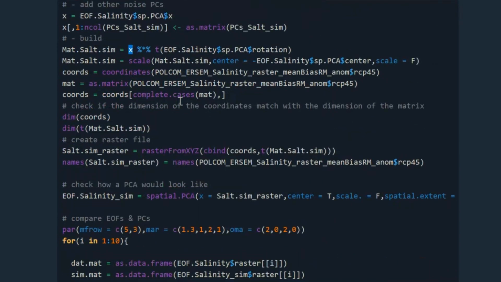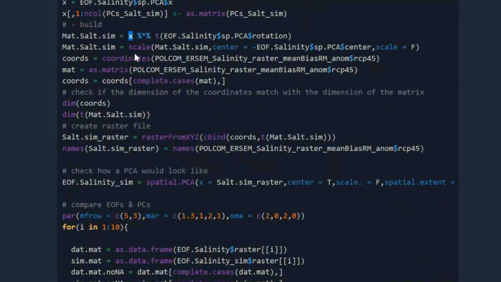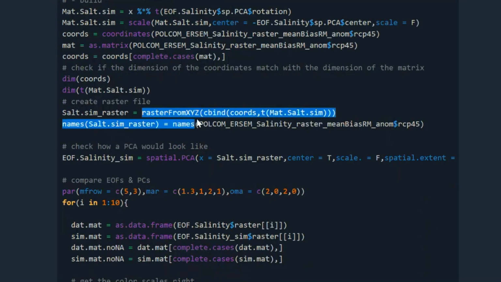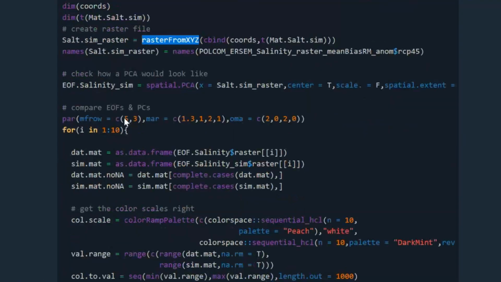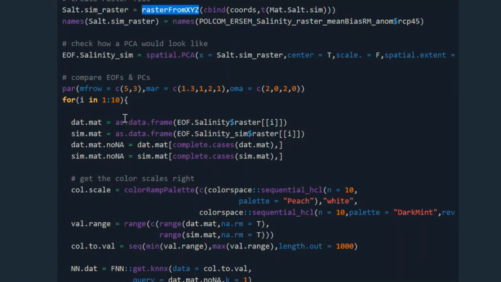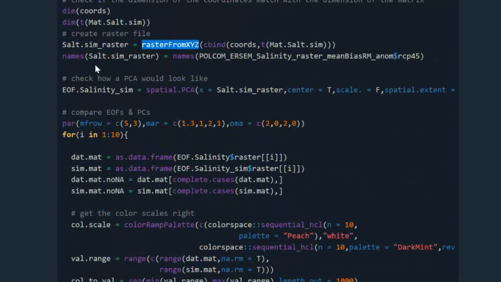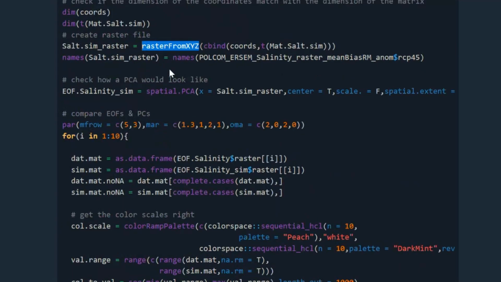Then we have our original matrices built back up, and then we add the coordinates and generate the rasters with the coordinates and the grid points. That's it. We have reconstructed a spatial field, like our salinity field, our SST field, and our current field.